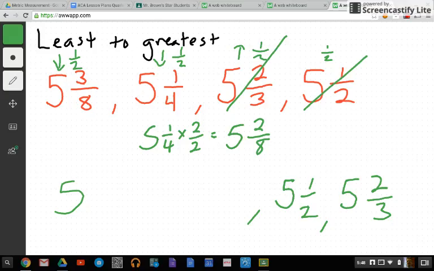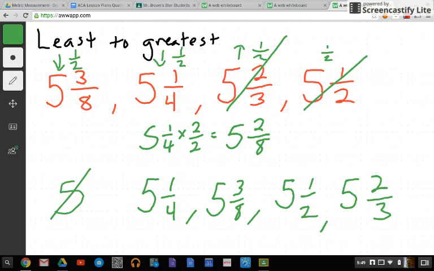So 1/4 is smaller than 3/8. So then it would be 5 3/8. And then 5 1/4 out here, which remember we said 1/4 had to be smaller than 1/2 because of the same numerators but different denominators there. So that helps put this one in order.